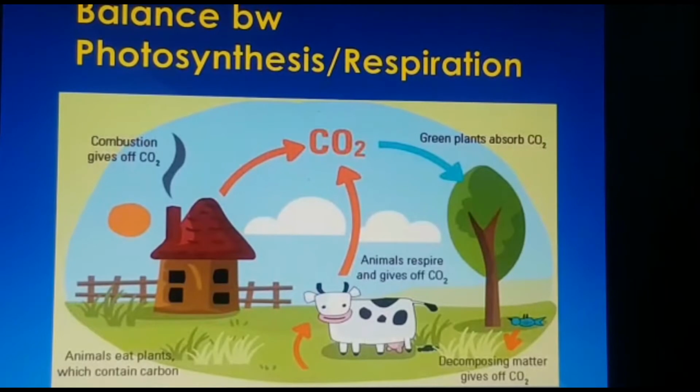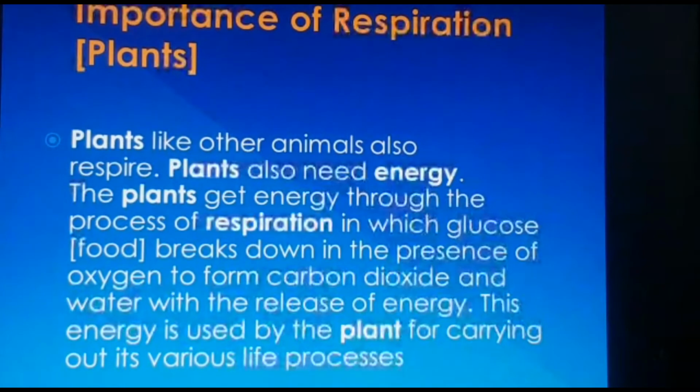I do say that if we did not have plants, we would not have oxygen. If the whole of the earth were turned into a laboratory and there were no green plants, then even then we could not make the air needed for animals to support their life. Life would have perished. So this is a simple slide showing you the balance between photosynthesis and respiration.